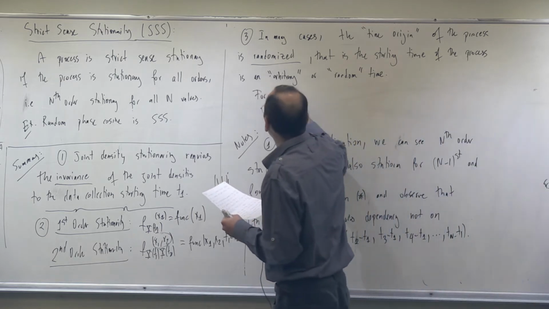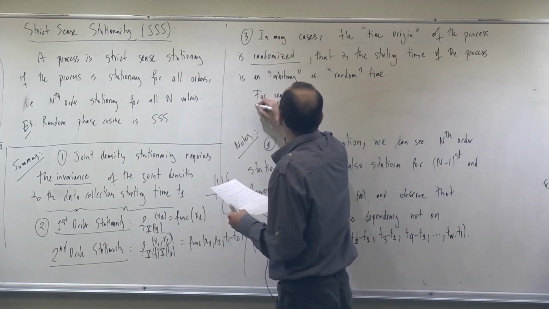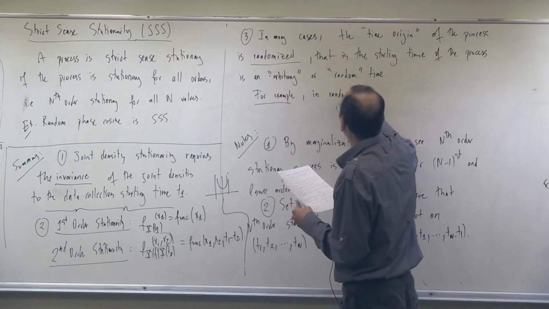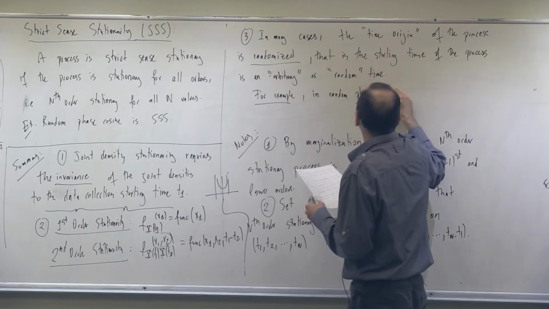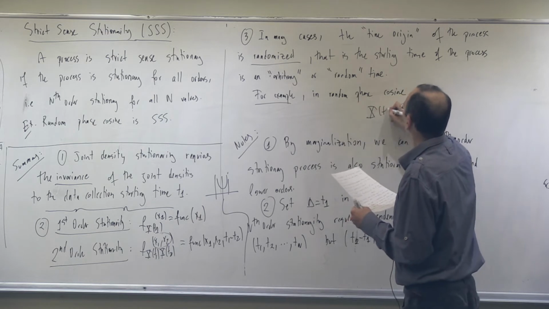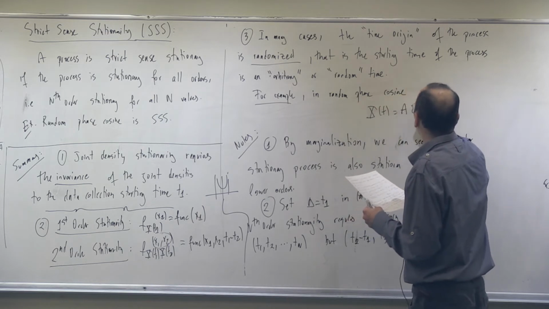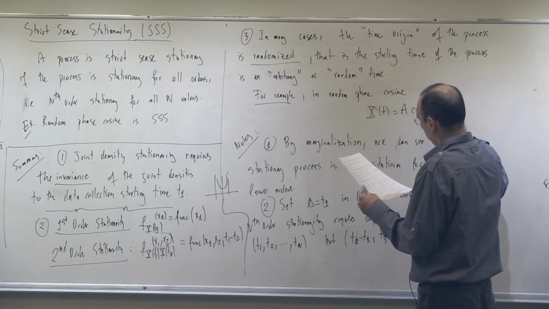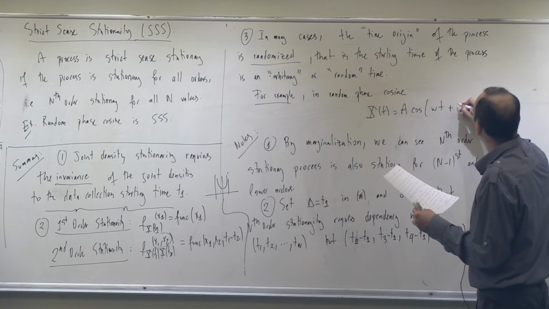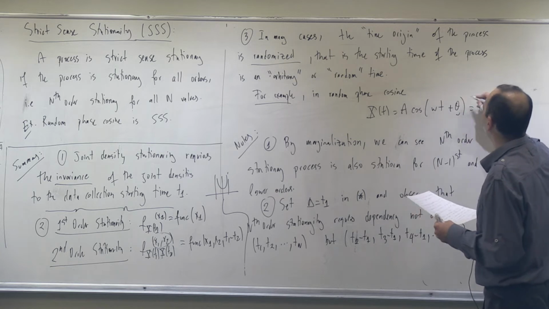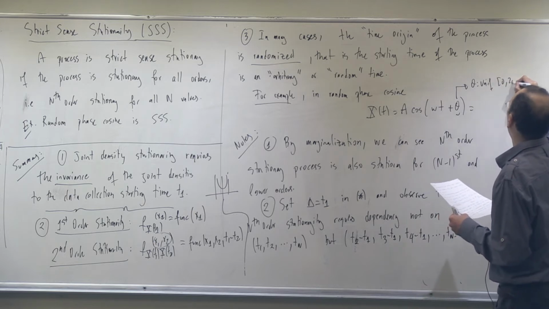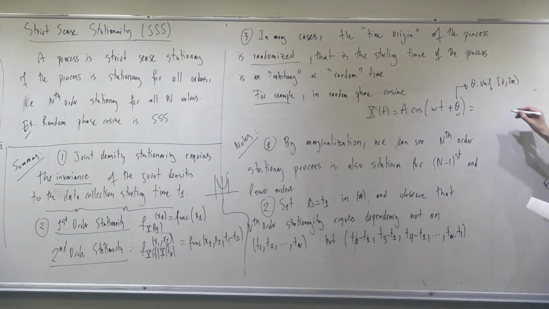For example, let me see. In random phase cosine, we may consider it something like this. A cosine of omega t plus theta, okay, one more time, uniform distribution over the full 0 to 2 pi interval.